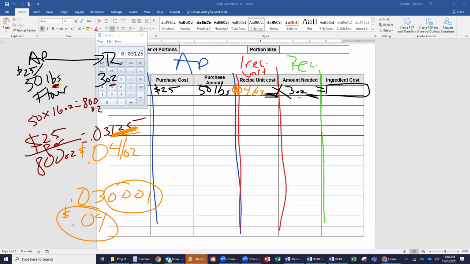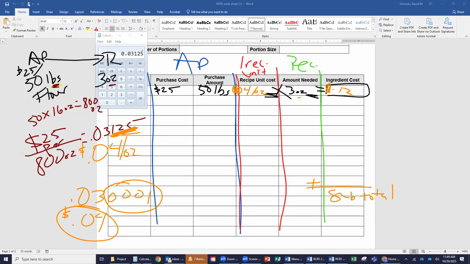And now that my units match, I can simply multiply straight across. So those 3 ounces of flour cost me 12 cents. Exactly. And then you're going to add everything up to get your subtotal.